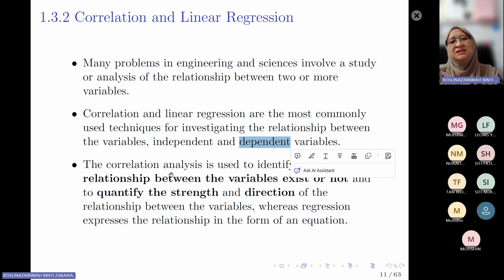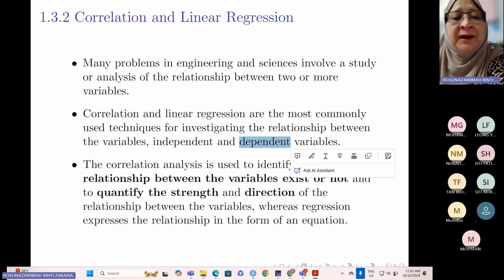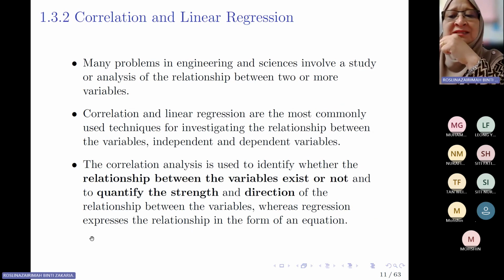It is used to identify whether a relationship between the variables exists or not, and to quantify the strength and also the direction. The correlation value gives you the direction and the strength.